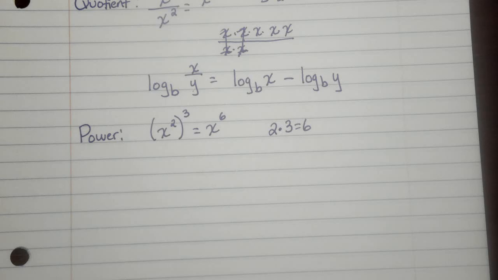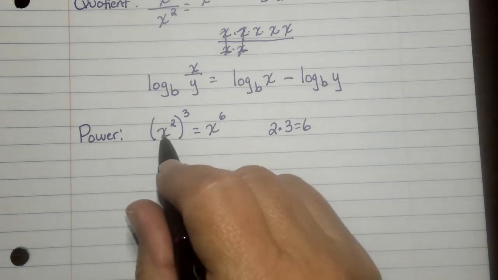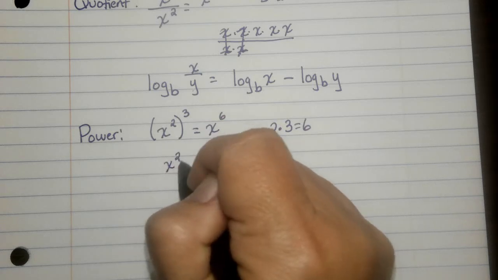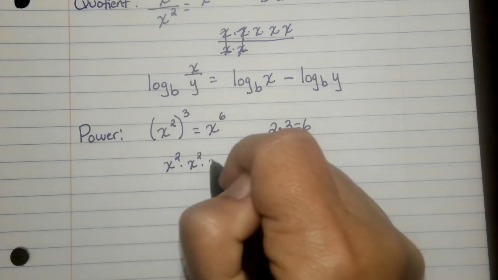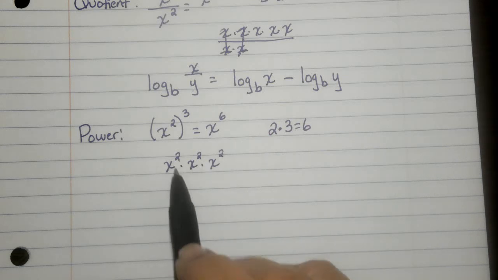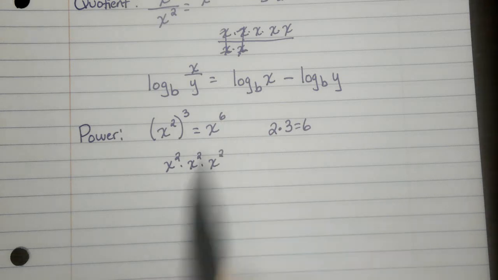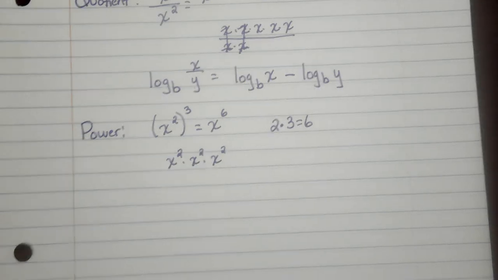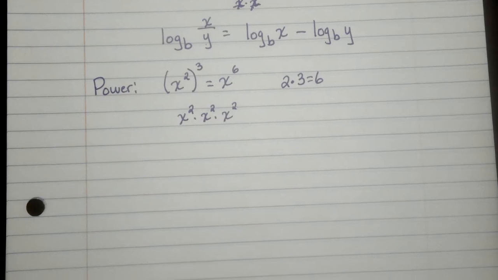If anybody still hasn't grasped why, if I take x squared and I cube it, that means I multiply x squared times itself 3 times. If I'm multiplying like bases, I add the exponents. 2, 4, 6. There we go. So what does this mean in terms of logs?